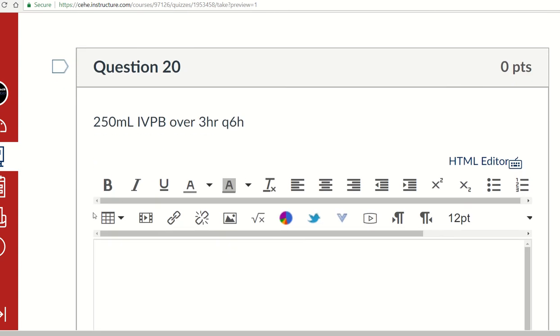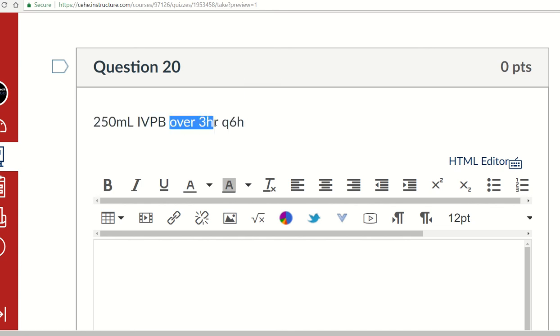Number 20. What is IVPB? Piggyback. Piggyback, right? So don't get that mistaken with IV push. So IV piggyback, is that infuse or inject? Infuse, very good. So we're going to infuse 250 mLs intravenous piggyback over 3 hours every 6 hours.